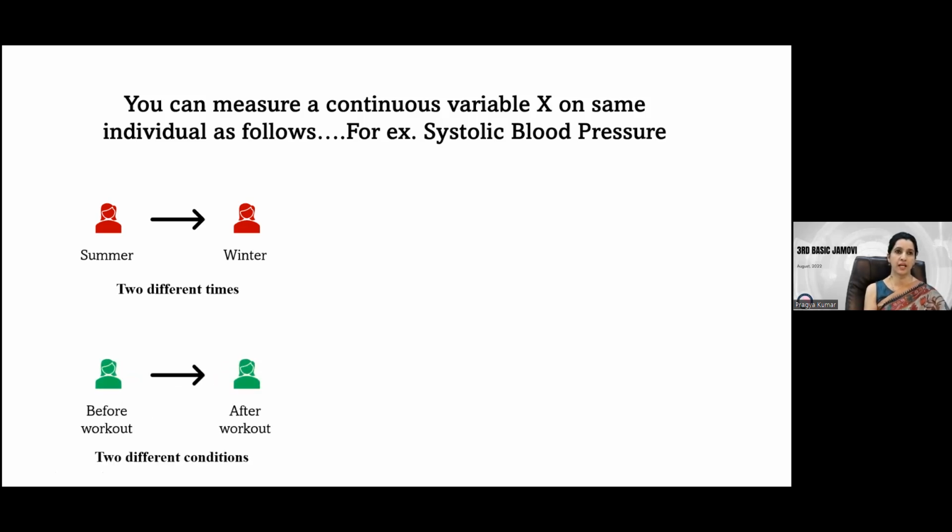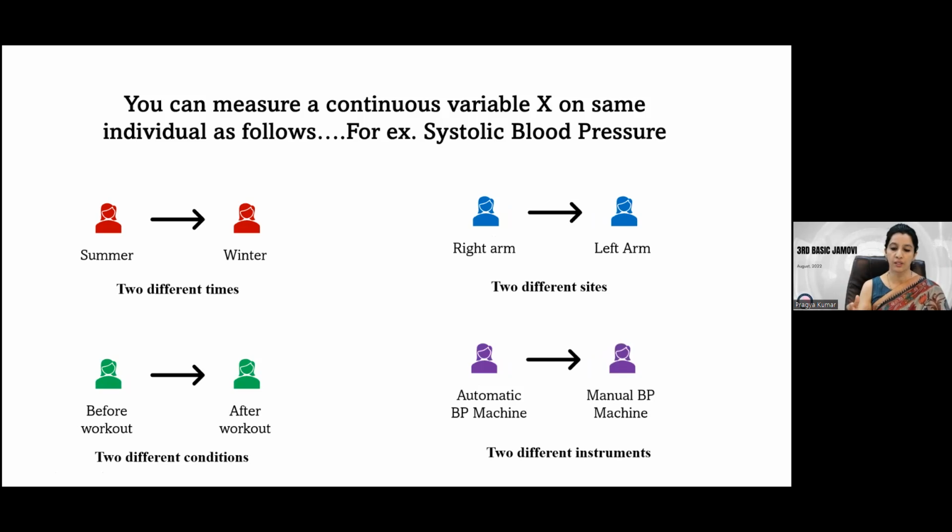There can be a scenario where it is under two different conditions, so I have measured blood pressure of one individual before workout and then after workout. Or in a single individual, I'm doing this measurement over two different sites, like right arm and left arm. Or I'm using two different machines, like an automatic BP machine and a manual BP machine.